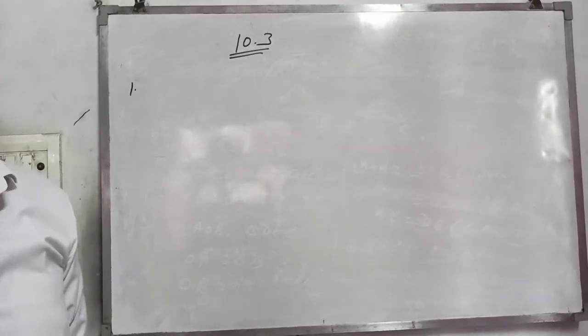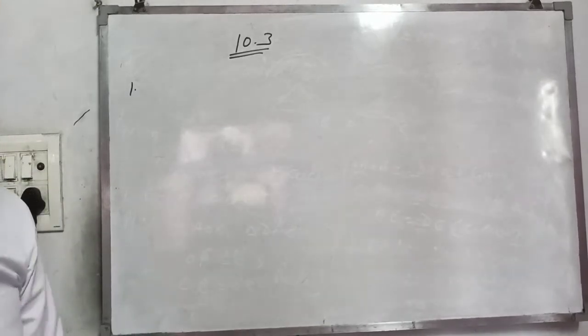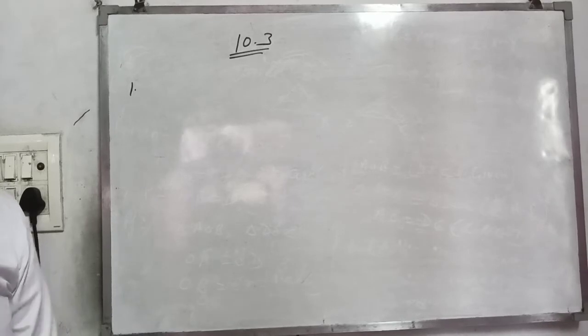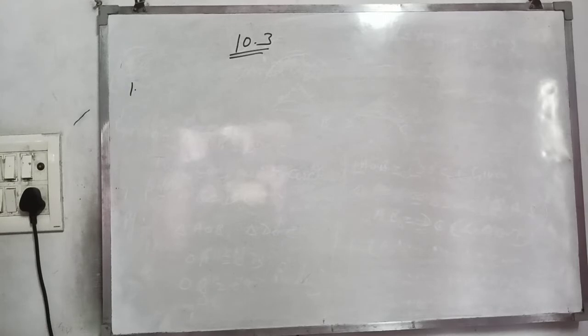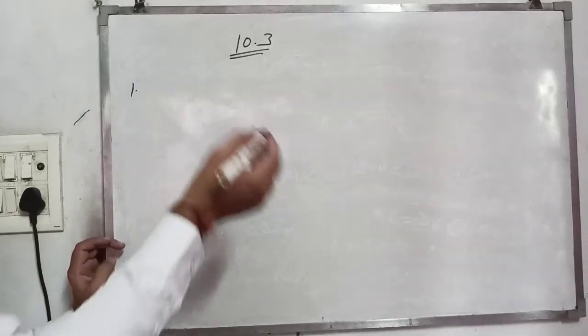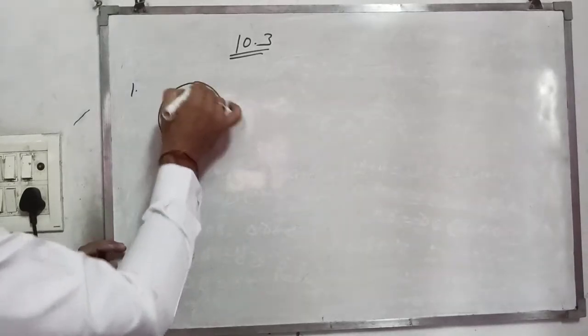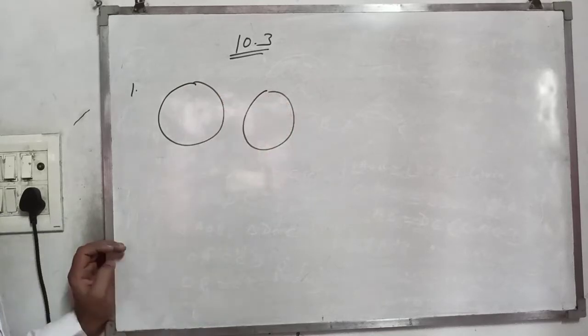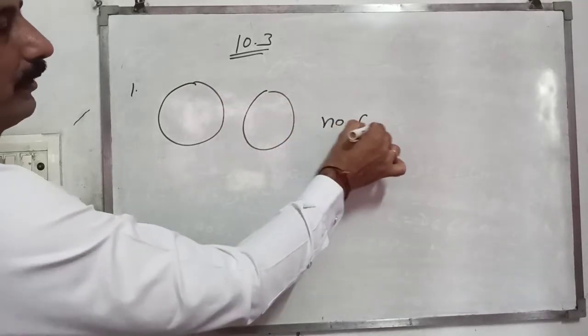In exercise 10.3, the first question is to draw different pairs of circles and find how many points each pair has in common. If we draw different circles, there is no common point.